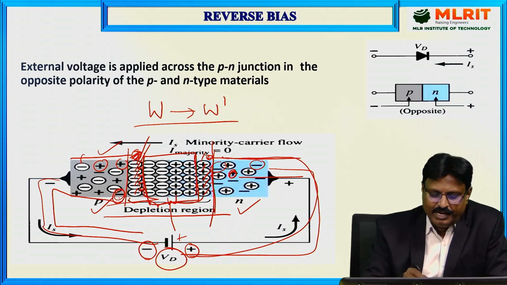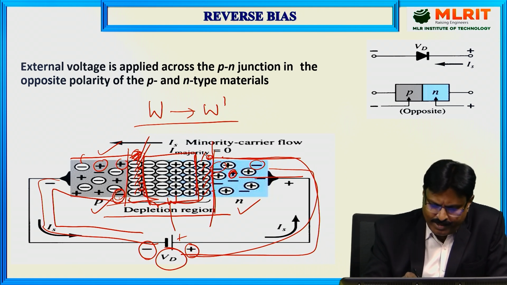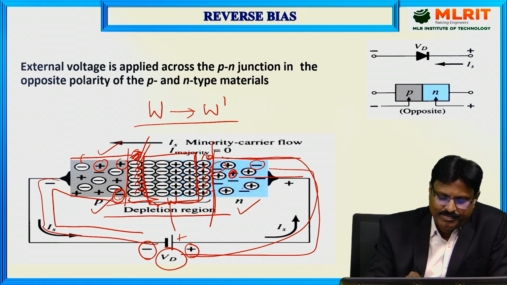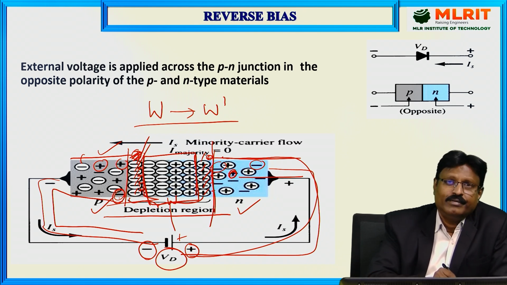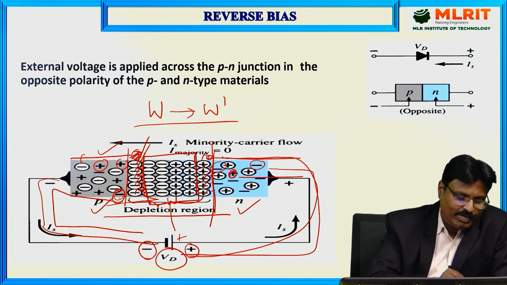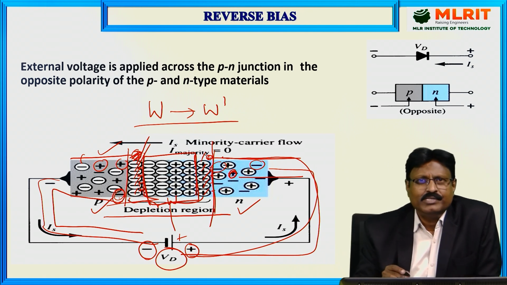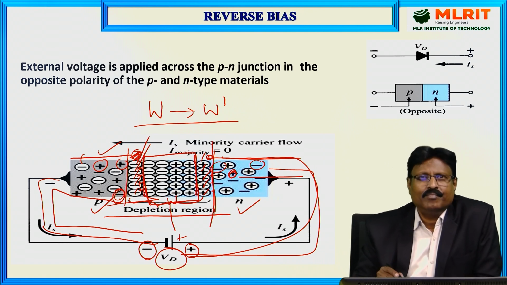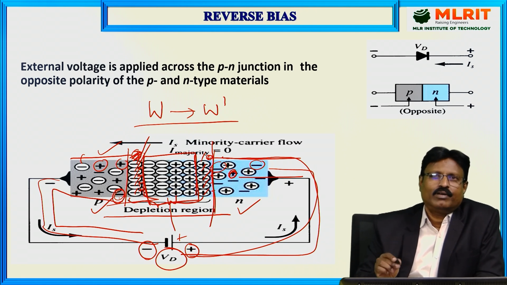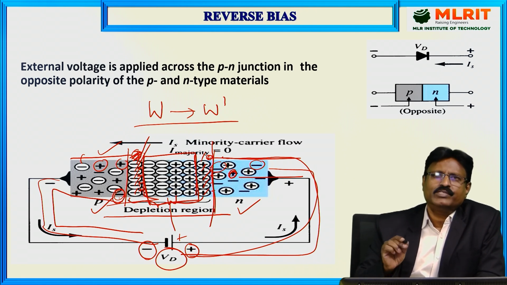That is due to the movement of holes from N side to P side, and the movement of electrons from P side to N side. Minority means, as you know, a very small number. So whatever current happens with the minority carriers is very small.